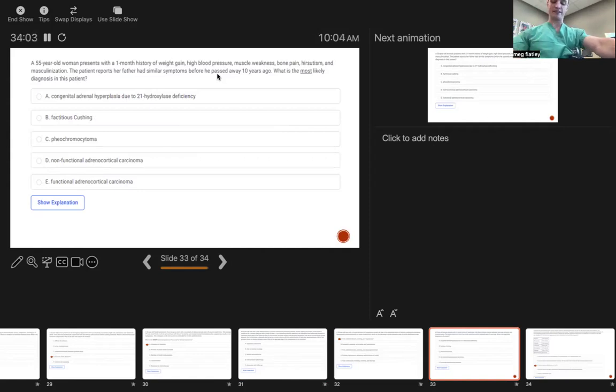It's actually a functional adrenocortical carcinoma. I don't know what happened with the slides, they didn't transfer over. The hint there is that it's inherited, and it's not congenital adrenal hyperplasia, because if you remember our 21-hydroxylase deficiency, she actually has high blood pressure, which you wouldn't necessarily see, and she's older. Like multiple functions.